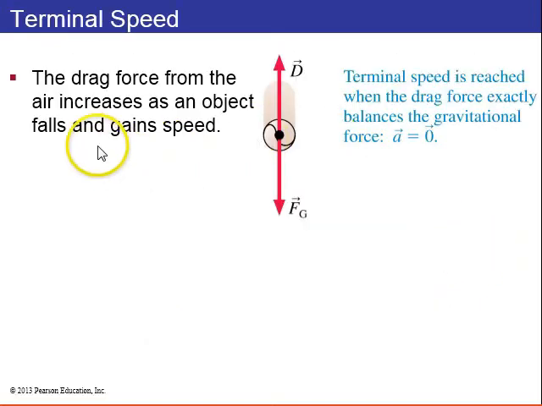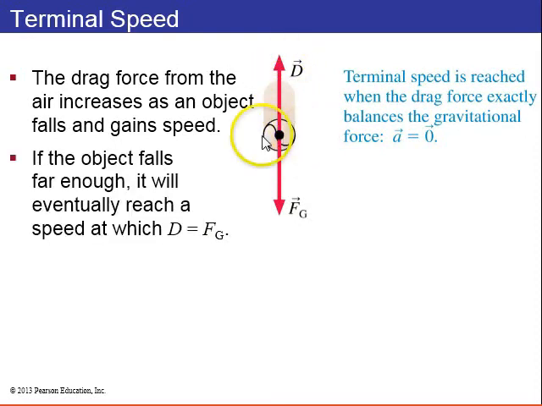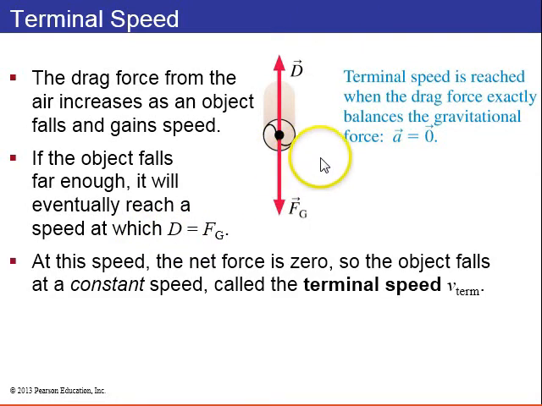So once you have drag, there's an interesting concept which is terminal speed. We know that as an object falls, it gets faster and faster. Well, if it's going slowly, there's no drag force. As it's going faster and faster, the drag force keeps increasing. And if the object falls fast enough, it'll eventually reach a speed at which the drag force equals the force of gravity, so that the net force is actually 0 at this time.